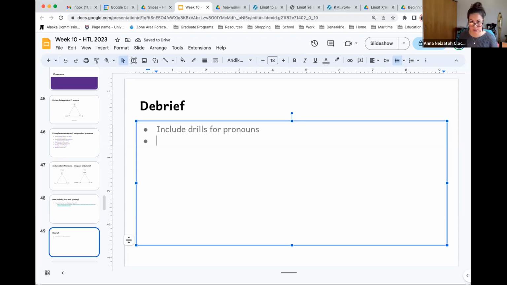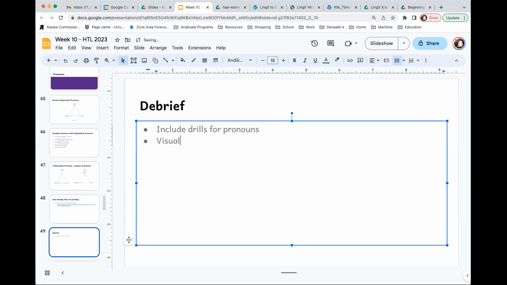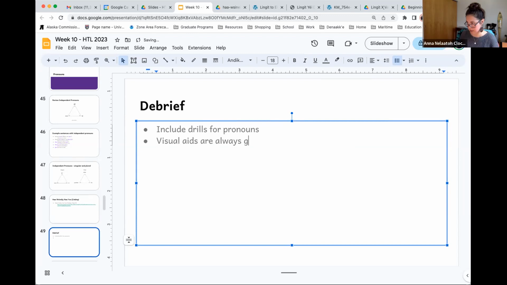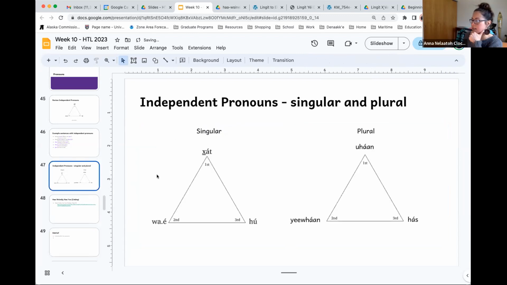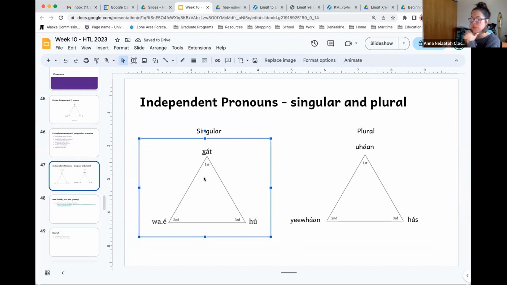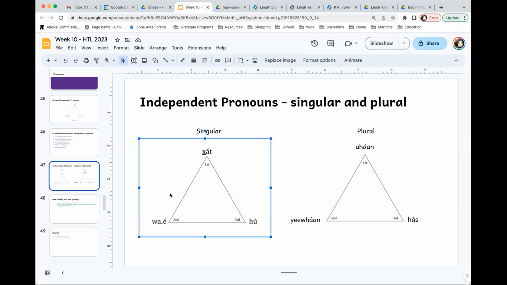And maybe some visuals as well. Visual aids are always good. Yeah, because these triangles are supposed to illustrate, like if you're sitting in a room together, in three chairs, you would point to each other, I'm here, you're there. But I'm gonna see if I can cook something up that has visual aids for us. That'd be great.